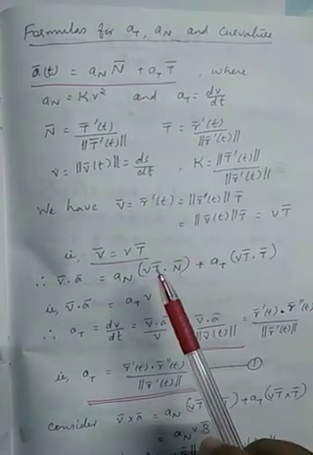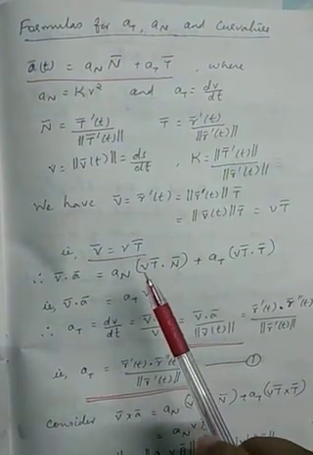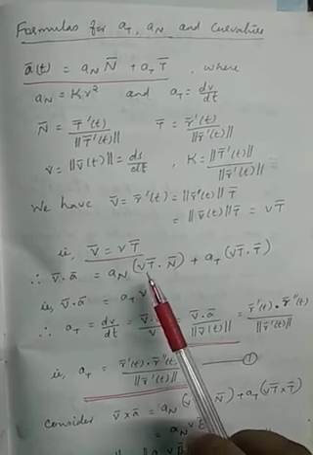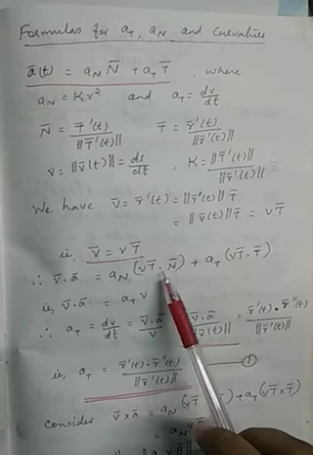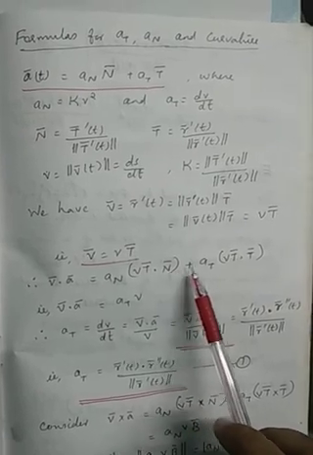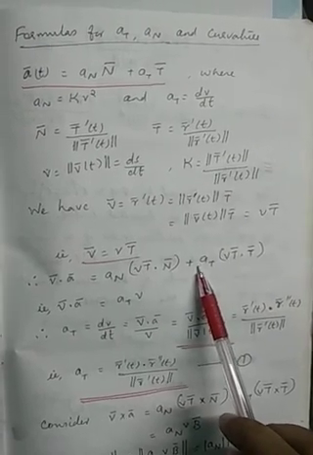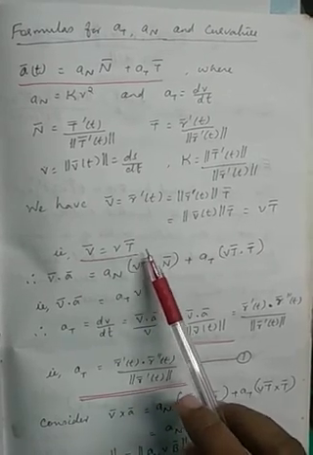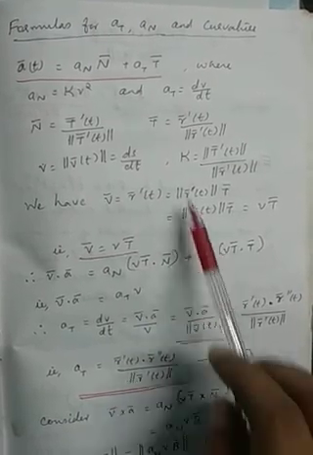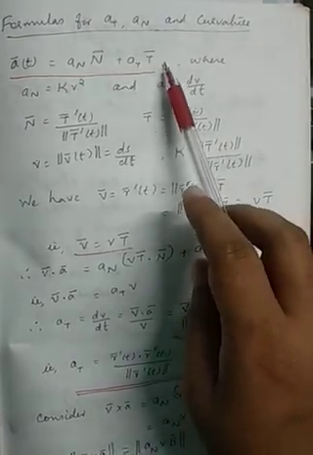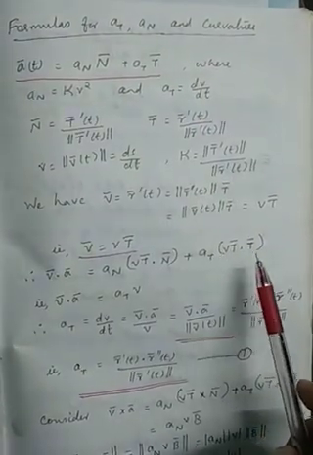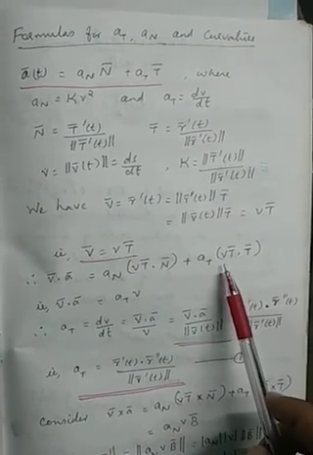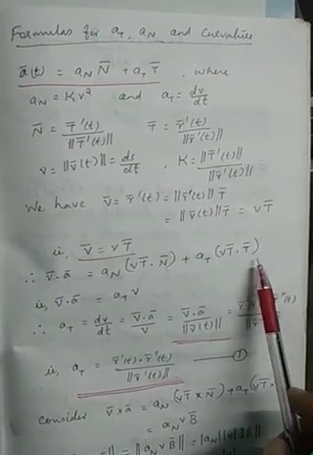Here AN is a scalar and v is a scalar. So, this becomes AN into v into T dot N, plus the second term v vector T dot AT into T bar. AT is a scalar, so we can take it outside. So, it is AT into v into T dot T.